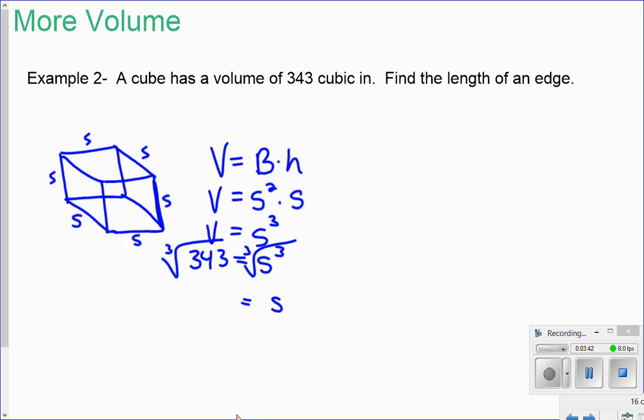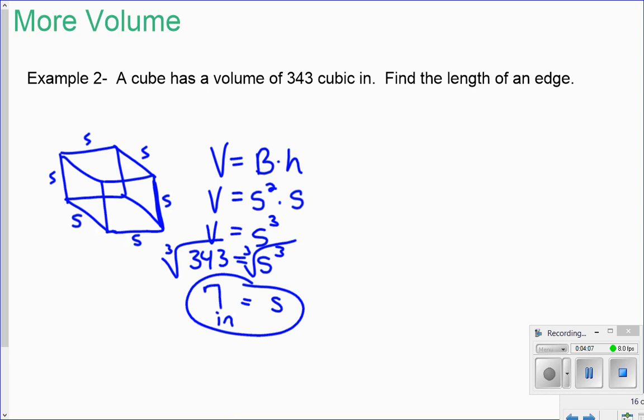So I'm typing that in my calculator. And the cube root of 343 is 7. So the length of an edge in this problem for this cube is 7, and these are inches. 7 inches is the length of an edge.